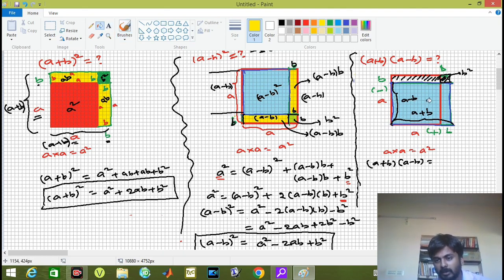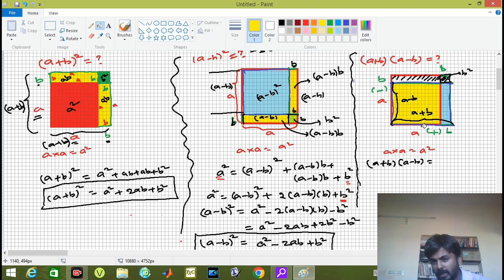See here, I am using yellow color. This small square, or this small rectangle, what is this?